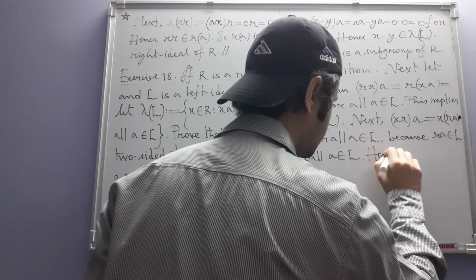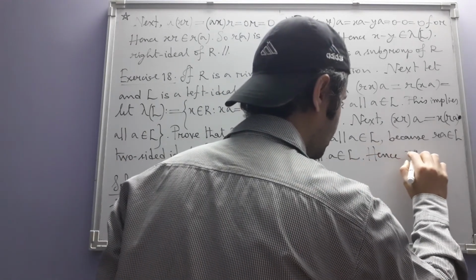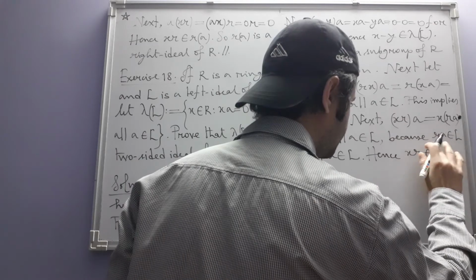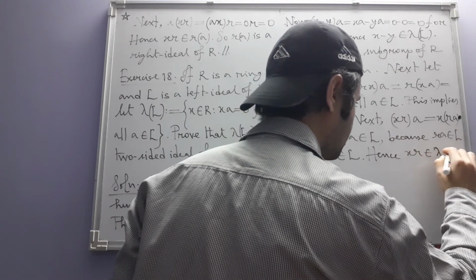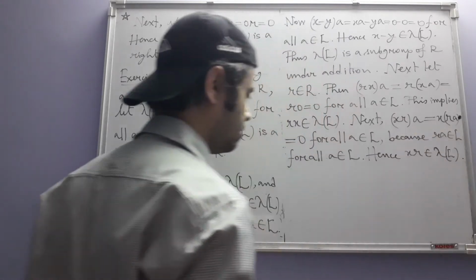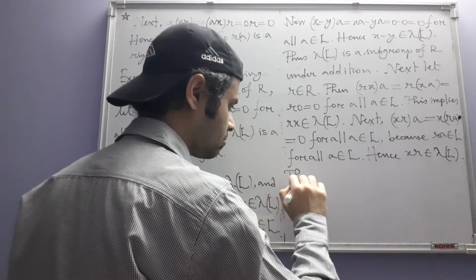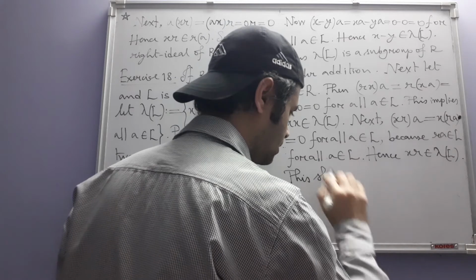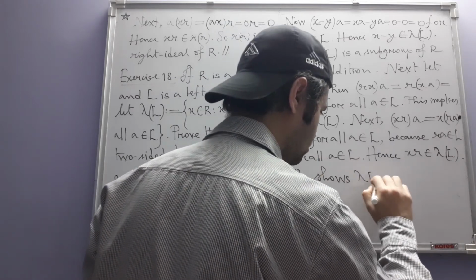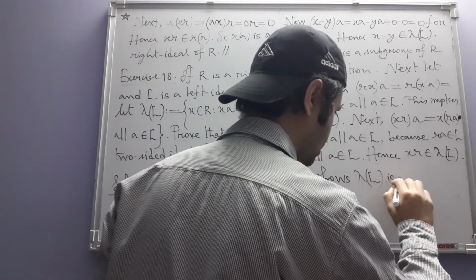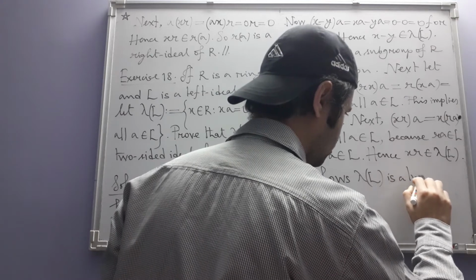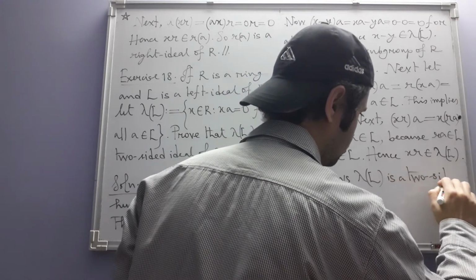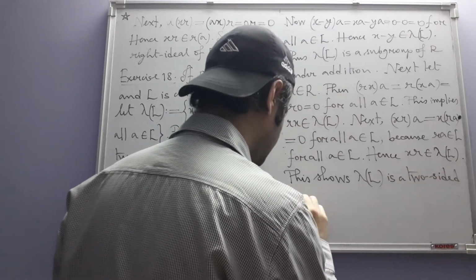Hence, xr belongs to lambda L. This shows lambda L is a two-sided ideal.